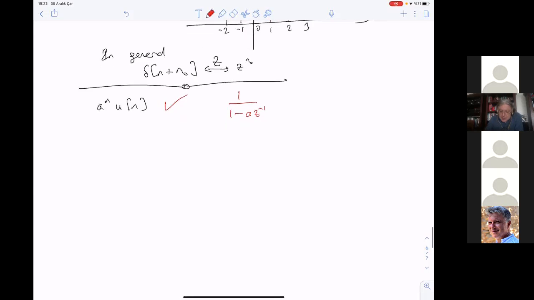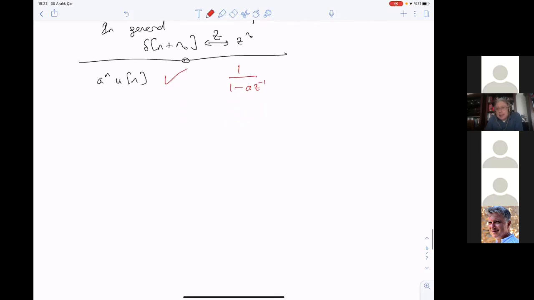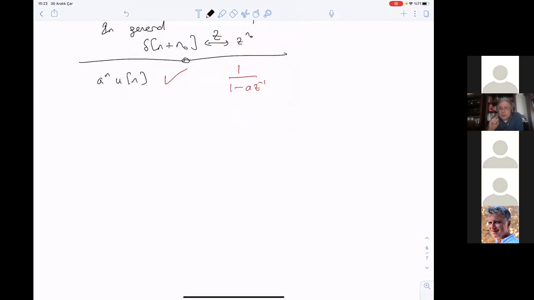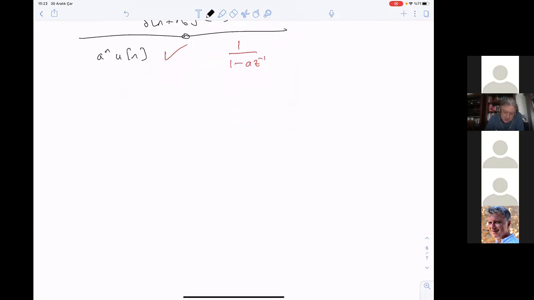But when I say a situation like this, it's regarding the input-output relation of systems and corresponding exponential input versus exponential output signals. What I'm trying to say is this.